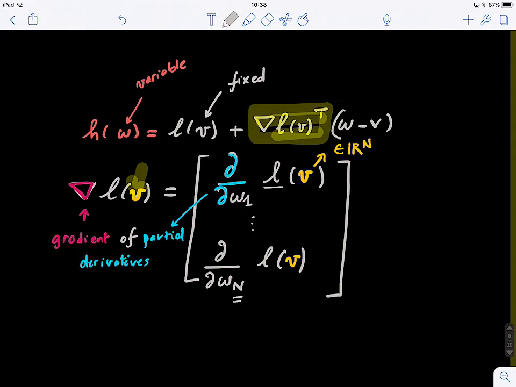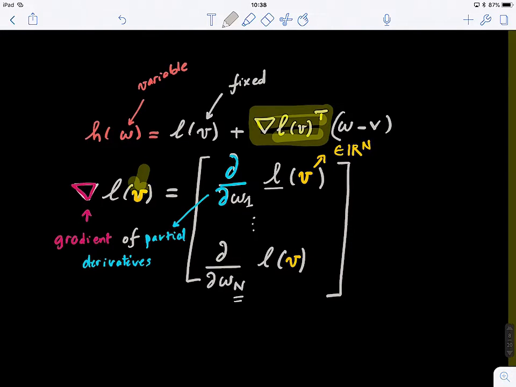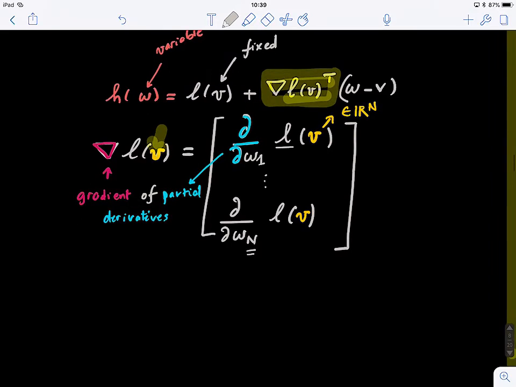Okay, so let me give you an example to see if you guys understand this. So let's say we have our function L of a vector omega 1, omega 2. So this is my vector omega, or W. I should keep saying okay, so if I trip and say omega, know that it's W, right?